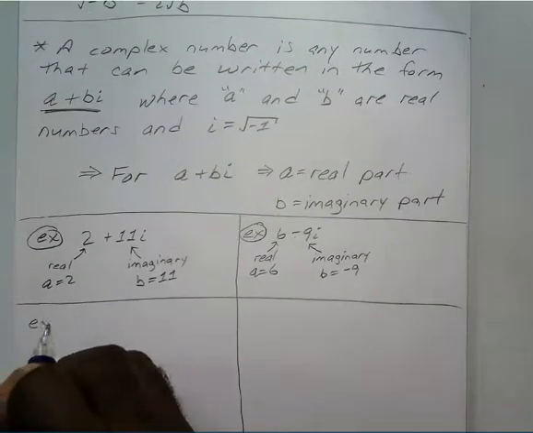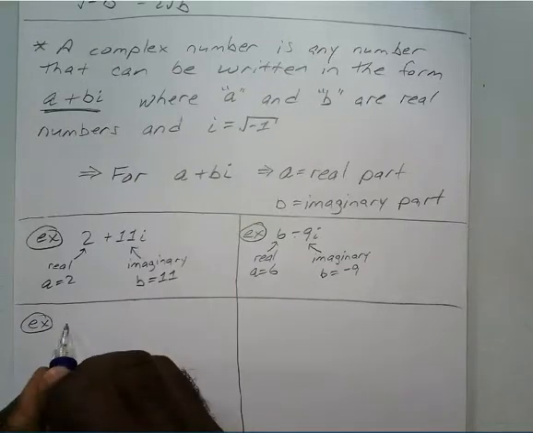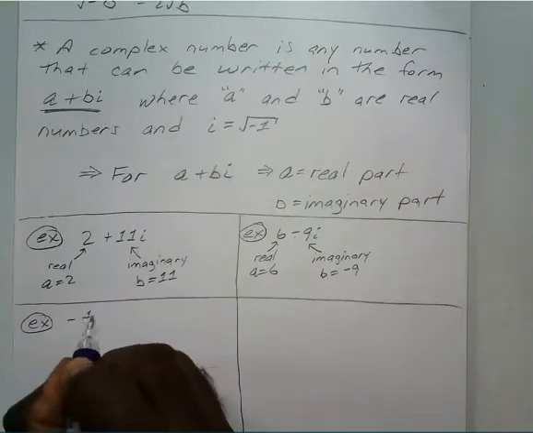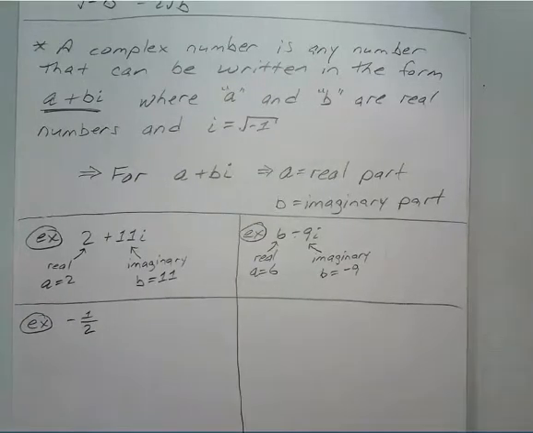Alright, so let's say, for example, you just have negative 1/2. Okay, so if you have just a number, it can still be written as a complex number.